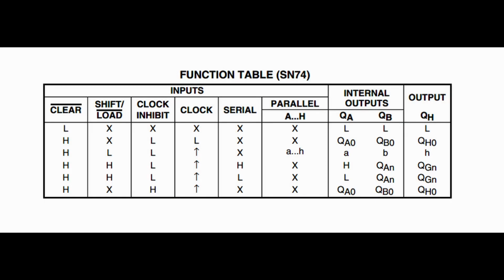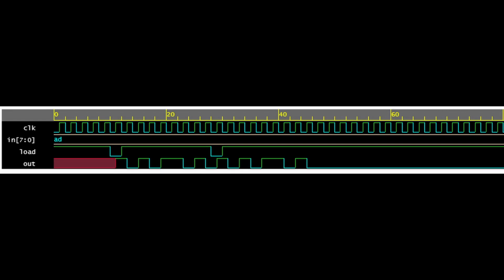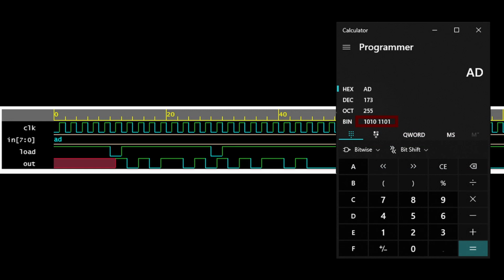The logic table shows how the load takes in the data, and then on the positive edge of the clock cycle, you start shifting through the data you just loaded. In this example here, we're loading the hex value AD, which is equal to 10101101.